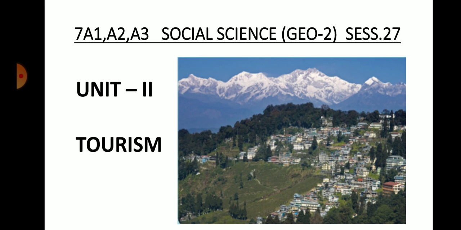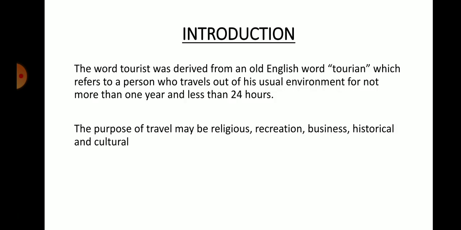So, what is tourism? The word tourist was taken from an old English word, Turian, which refers to a person who travels out of his usual place for more than one day and less than 1 year.